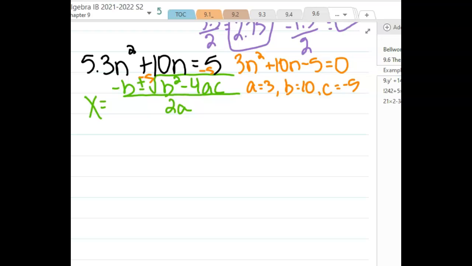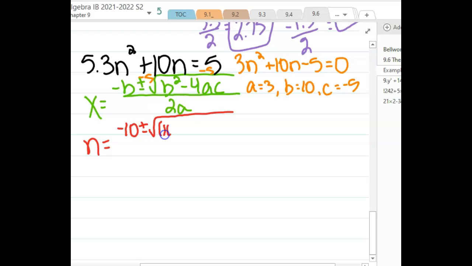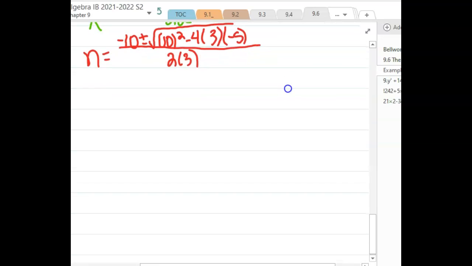I guess if you want to be really technical, we could say n equals instead of x equals. It's still going to tell me what x is. And we're going to take the opposite of b, which is negative 10, plus or minus the square root. B squared would be 10 squared, minus 4 times a, which is 3, times c, which is negative 5, all over 2a, which is 3.